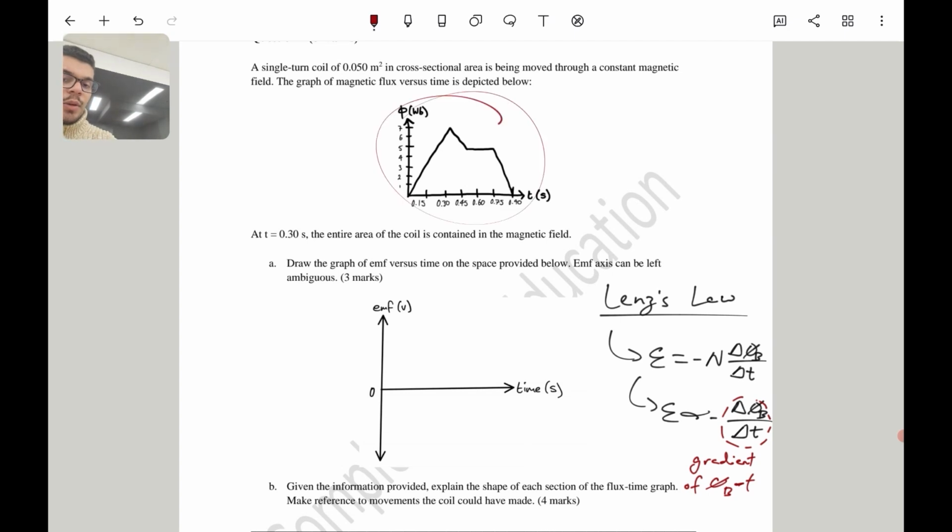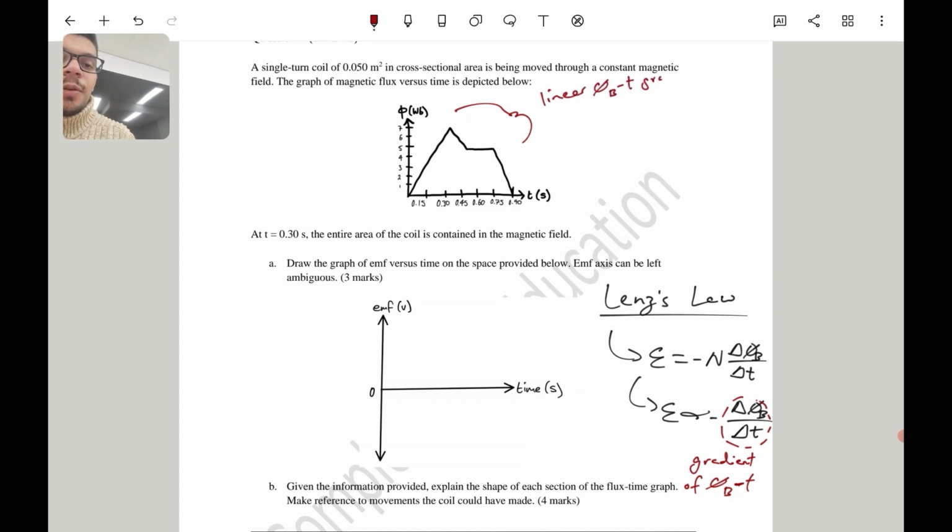So basically just look at the gradients of the flux time graph, and based on the gradients, the steepnesses of the flux time graph, you can figure out what is the EMF and how does the EMF vary? Now we can first of all see here that we have a linear flux time graph, okay?